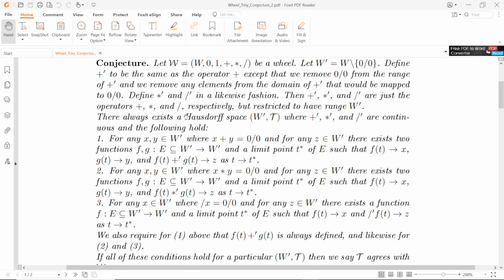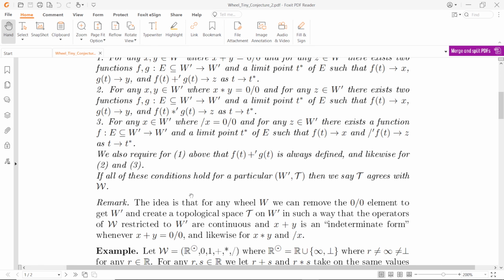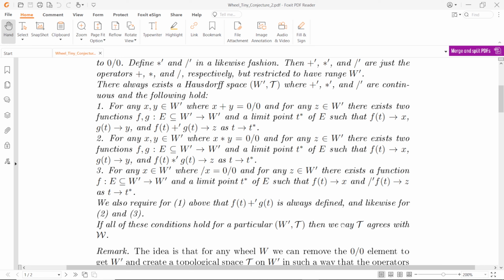And then I just decided to say Hausdorff space so that these limits should always be unique. If all of these conditions hold, then we say the topology agrees with the wheel.